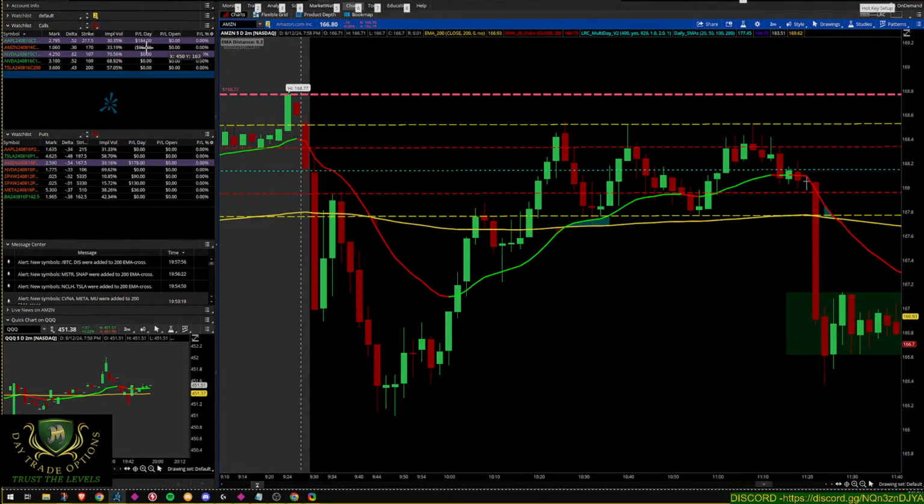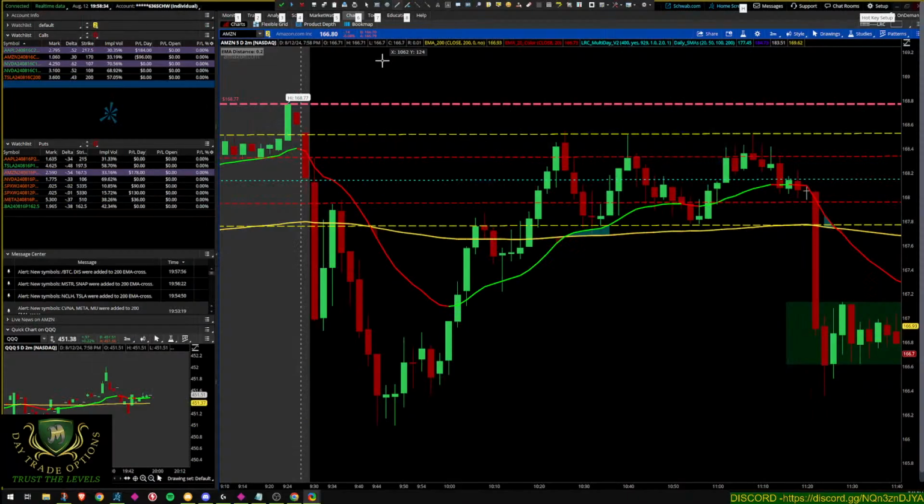Once I was in a call here and ended up coming down and taking a loss, I already had puts loaded. As you can see, I put my calls and my puts of the different trades that I want to do for the contracts that I think are setting up the best. So I got back in right here, and that's where I made the 178.